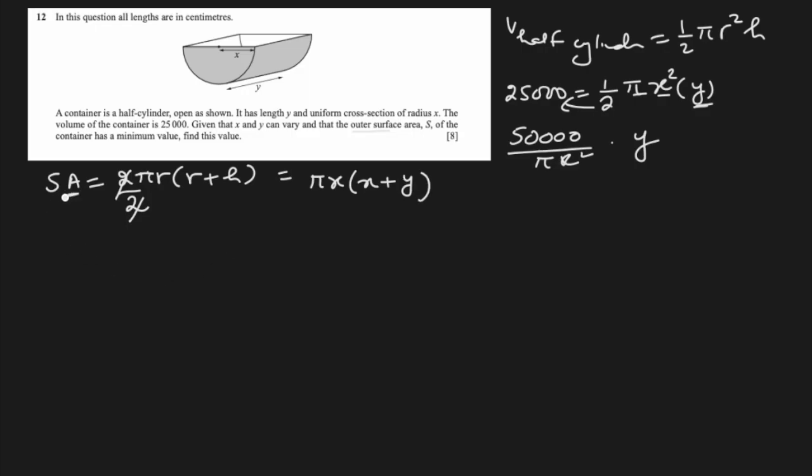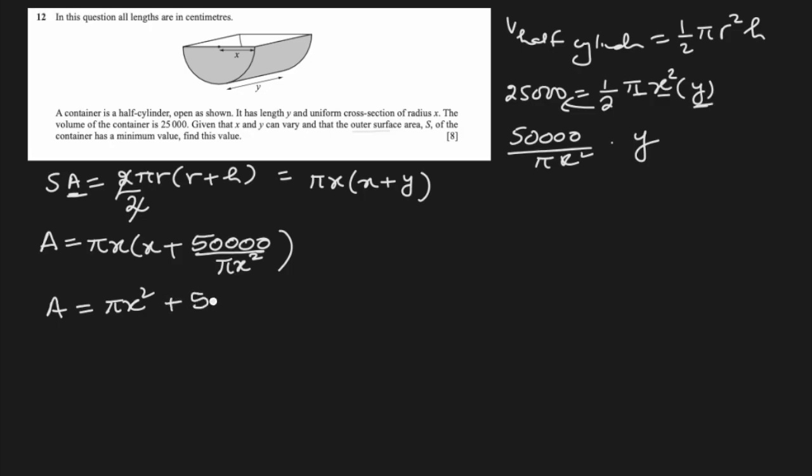So let me use the letter A for this. So A becomes pi x, x plus 50,000 in place of y. I'm writing this as 50,000 over pi x square. So it becomes pi x square plus 50,000 over pi x square multiplied by pi x.